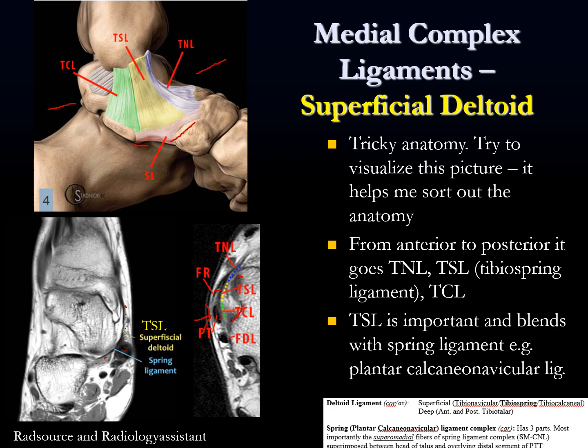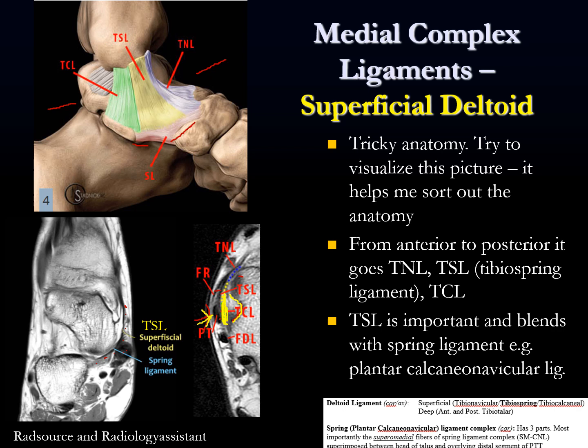But if you look between the concavity of that talar neck and the posterior tibial tendon, right between the two is the tibial spring ligament, which is one of the most important parts of that deltoid ligament structure.